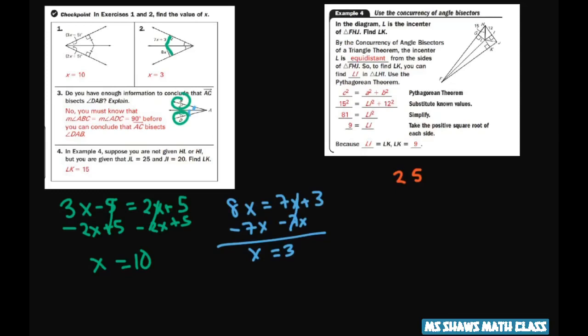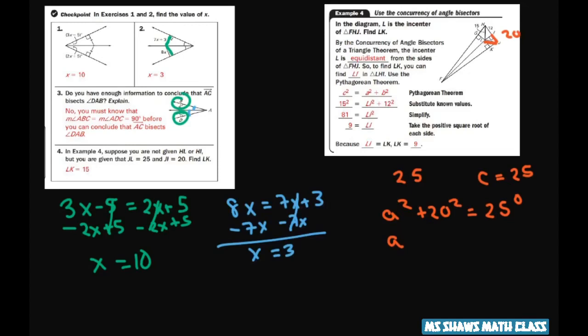So basically, let's just do the Pythagorean theorem first. So we have JL is 25. That's your C is 25. And then we'll call JI is 20. So we have a squared plus 20 squared equals 25 squared.